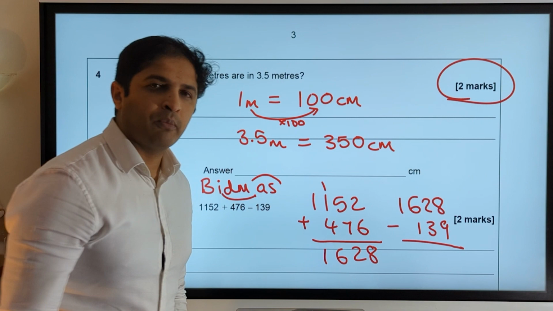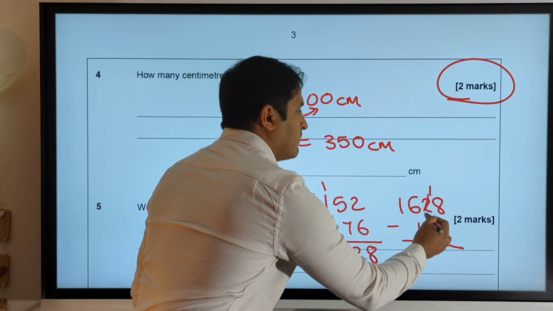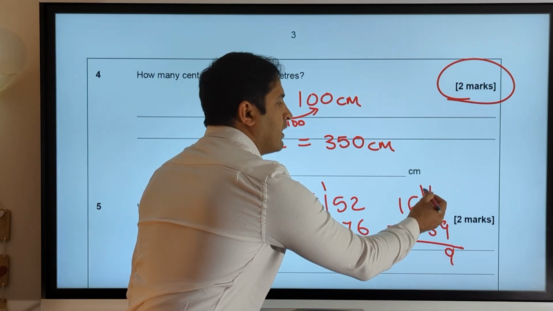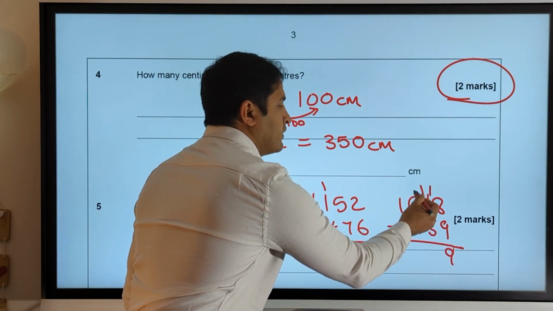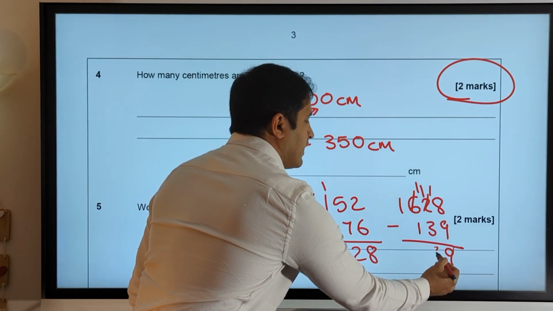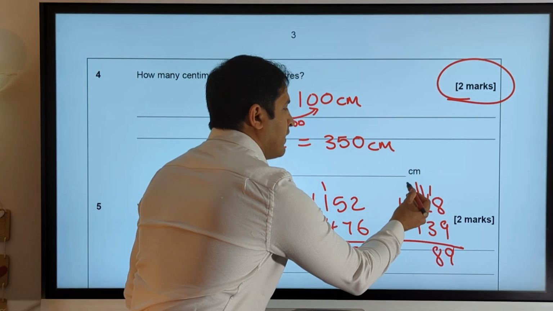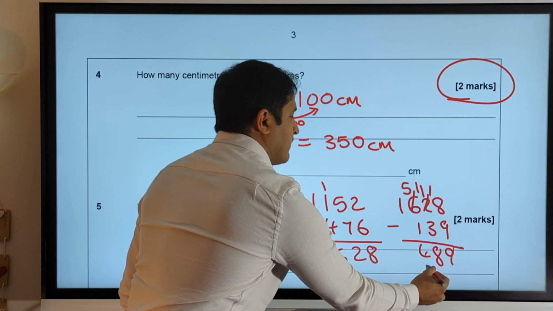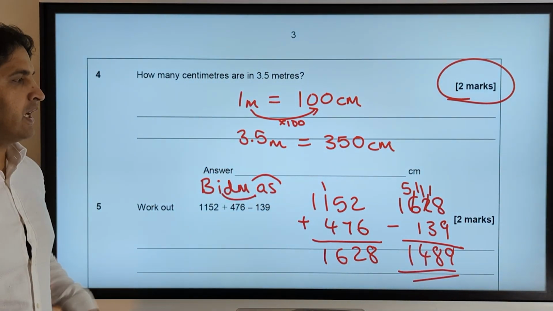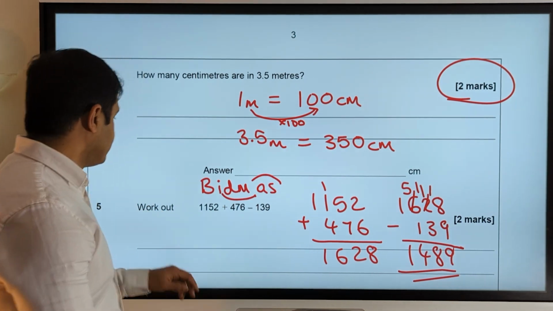Can't take away 9 from 8, so we borrow one of the 10 from here. So we're left with 9. Can't take away 3 from 1, so we borrow one from here. So 11 take away 3 is 8. And then we're left with 5, so that would be 4, that's 1. So we get 1489, and that's your second mark there.